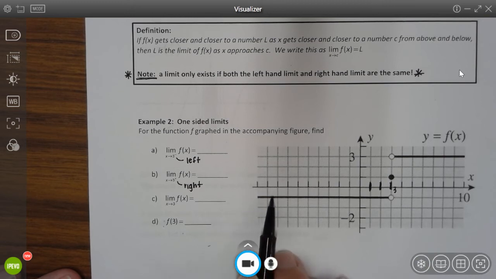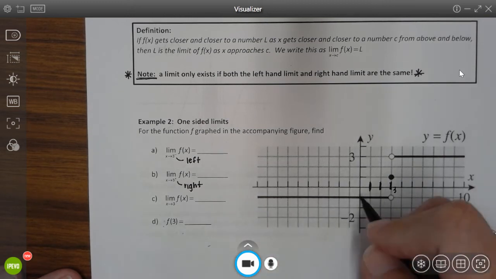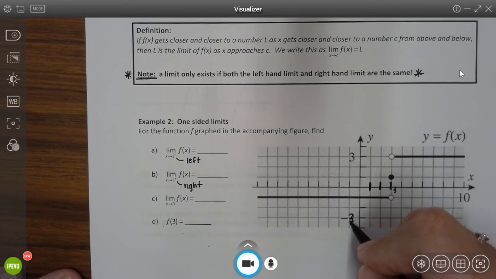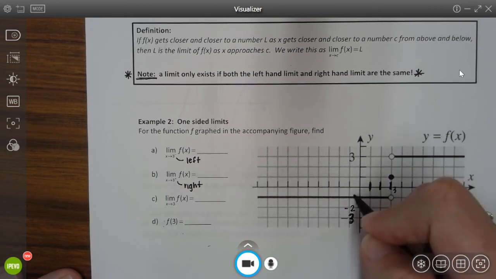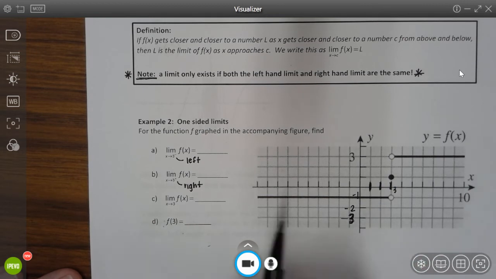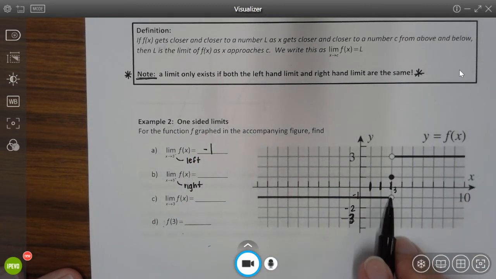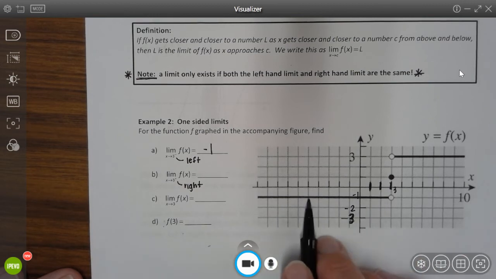So from the left, as x is approaching 3, my y value here is actually, and these are misnumbered here, this should be -3 down below. This should be -2, which would make this horizontal line here a -1. So from the left, as we're approaching the x value of 3, the y value is staying constant at -1.